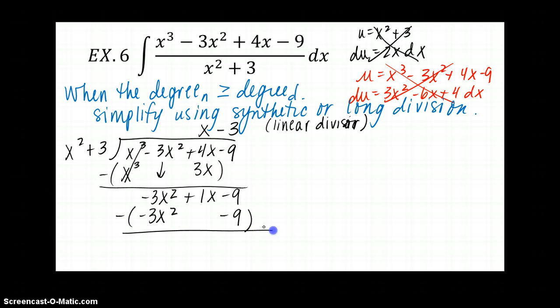Subtract the terms. They cancel. I bring down the 1x, and that becomes the remainder. When the remainder's degree is less than the degree of the divisor, I can't divide anymore. So now my original integrand is simplified to the antiderivative of x minus 3 plus the remainder over the divisor.